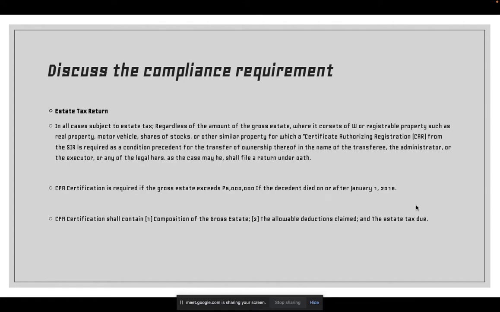Ang sabi dito, estate tax return in all cases, subject to estate tax, okay? Regardless of the amount of the gross estate where it comes, okay?